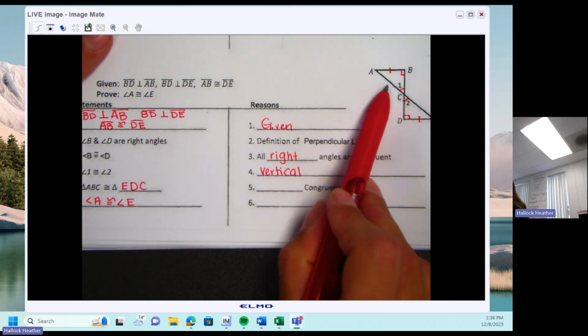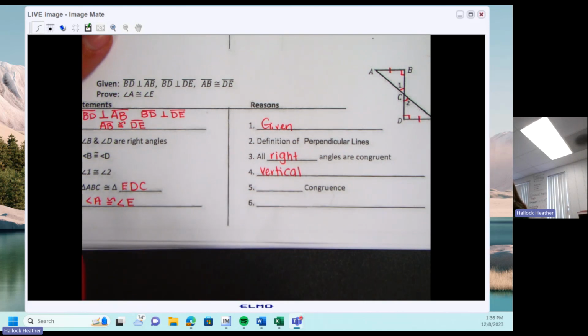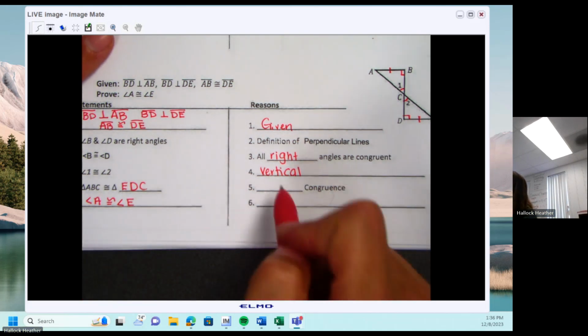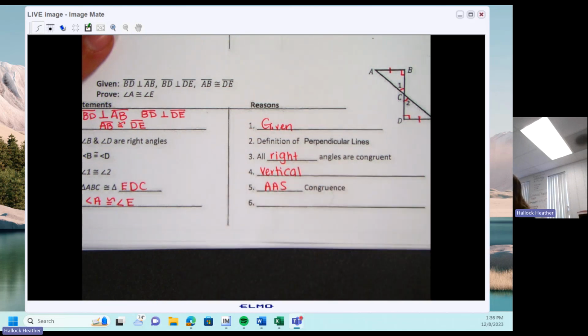Do you know the hypotenuse is congruent to the other hypotenuse? No, I don't have any markings. That doesn't mean anything just because it's perpendicular. It's AAS. You know 1 is congruent to 2. You know that these are both right angles. They're congruent to each other because all right angles are congruent. And you have one side.